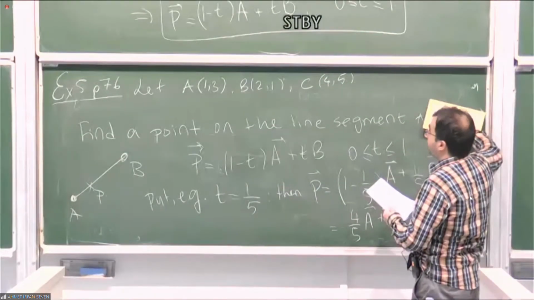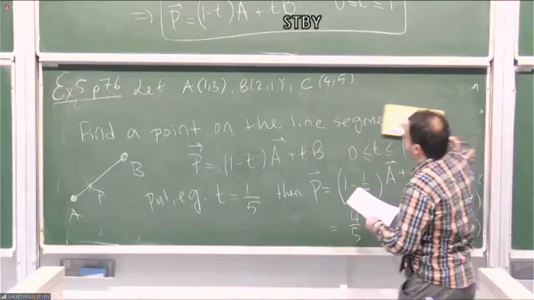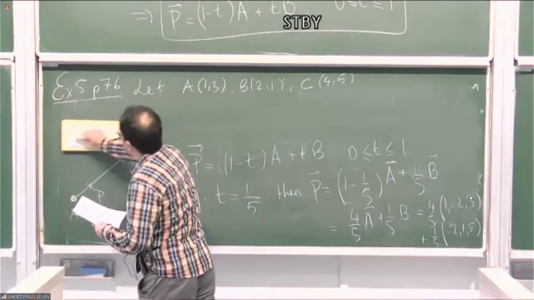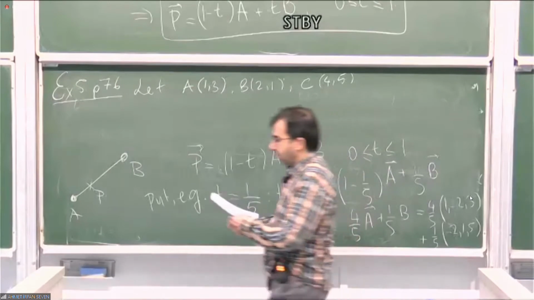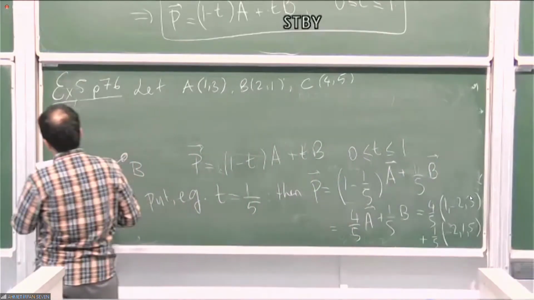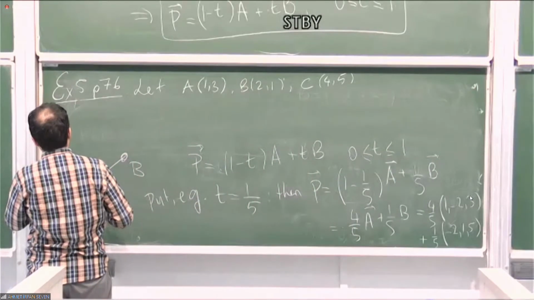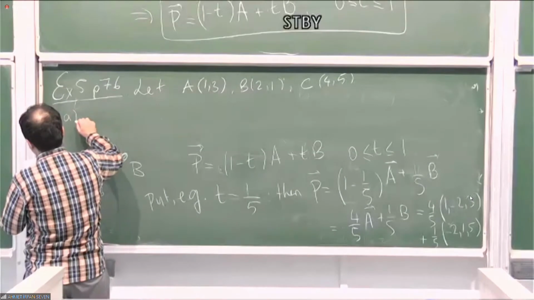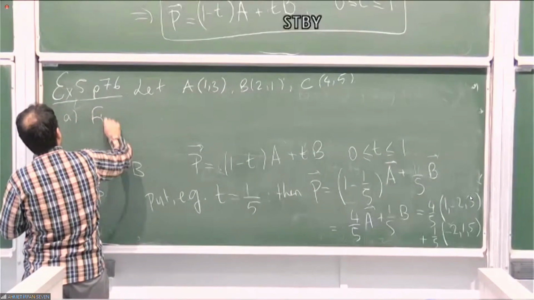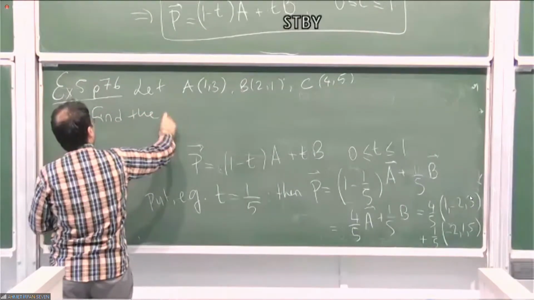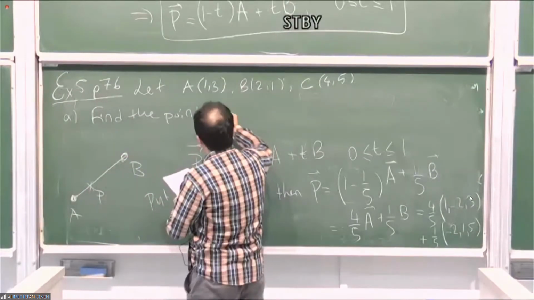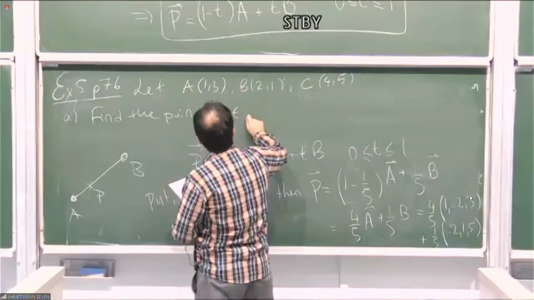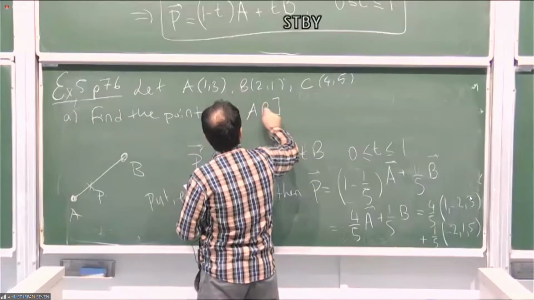It asks the following. Find the point P. It says AB.